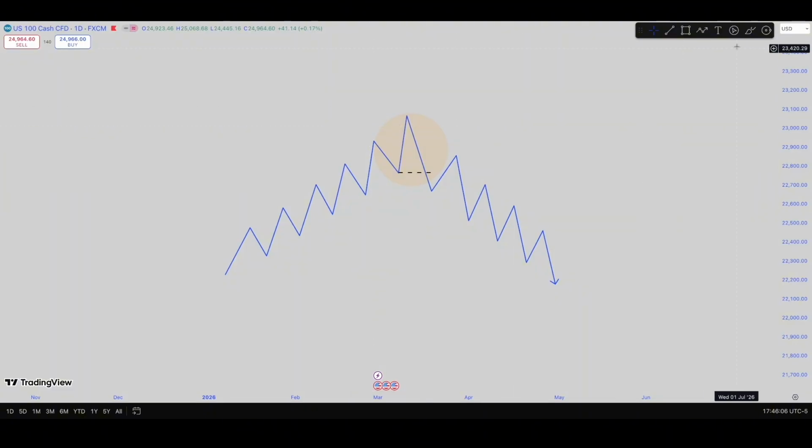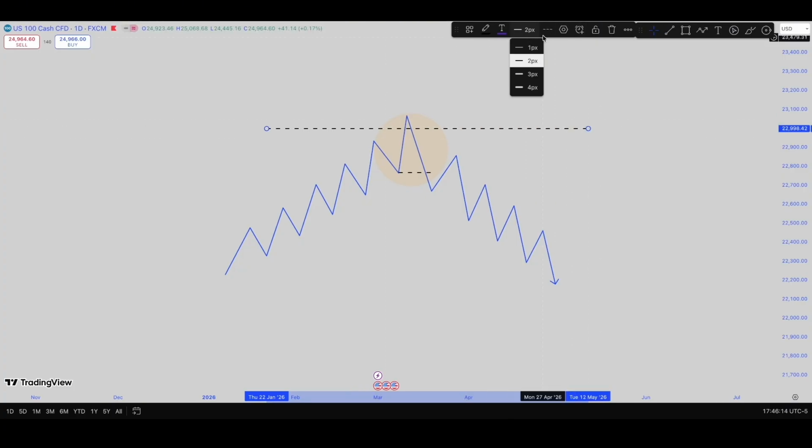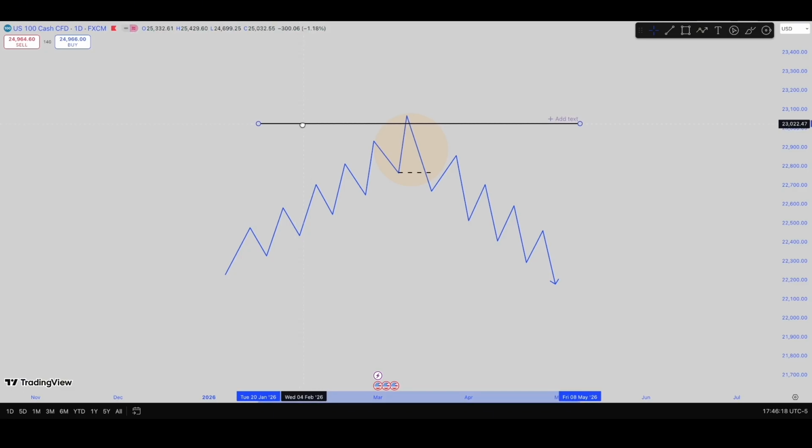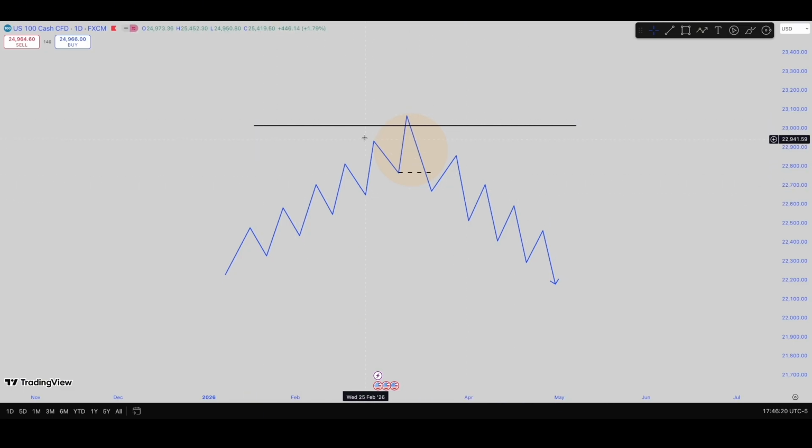right? And a reversal happens when price, the market, has reached an important level, right? This black line representing many things that I'm gonna go over in later stages, right?